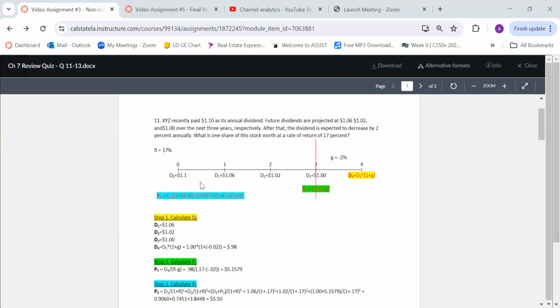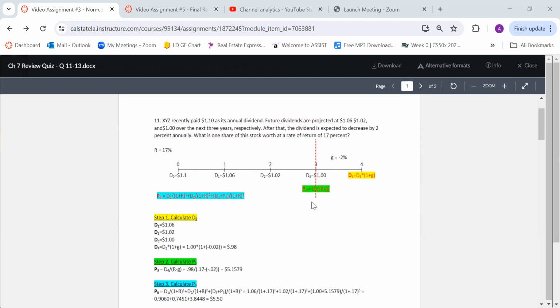So here we have our timeline. In order to begin digesting this question, we first have to calculate D4. On this timeline, we can see D1, D2, D3, and then D4.